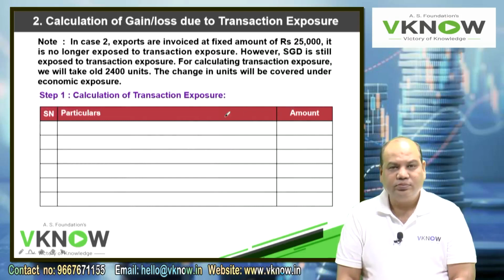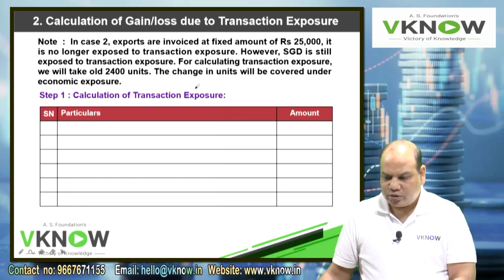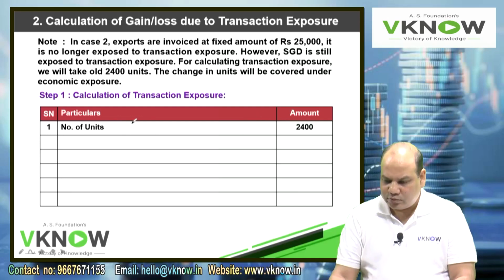Serial number, particulars, amount. Transaction exposure is only for SGD, not for euro. Right-hand side amount. Point number 1, number of units 2400. Why 2400? Read the note above. The note is written above, you can read it.